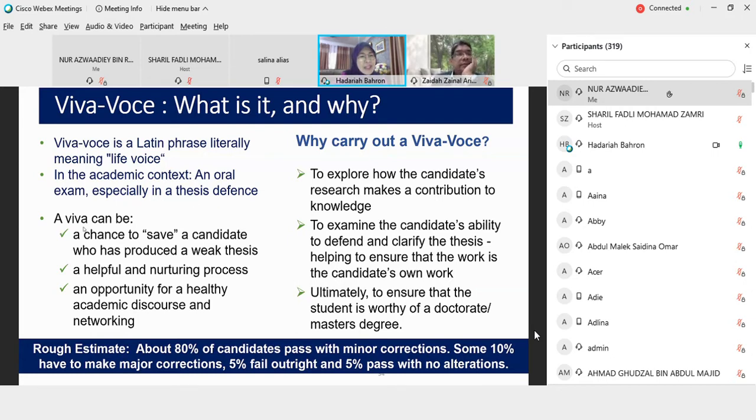A Viva can be a chance to save the candidate who has produced a weak thesis, kind of weak. It can be a helpful and a nurturing process for everyone involved, not only for the student, even for the examiner, even for the supervisor.